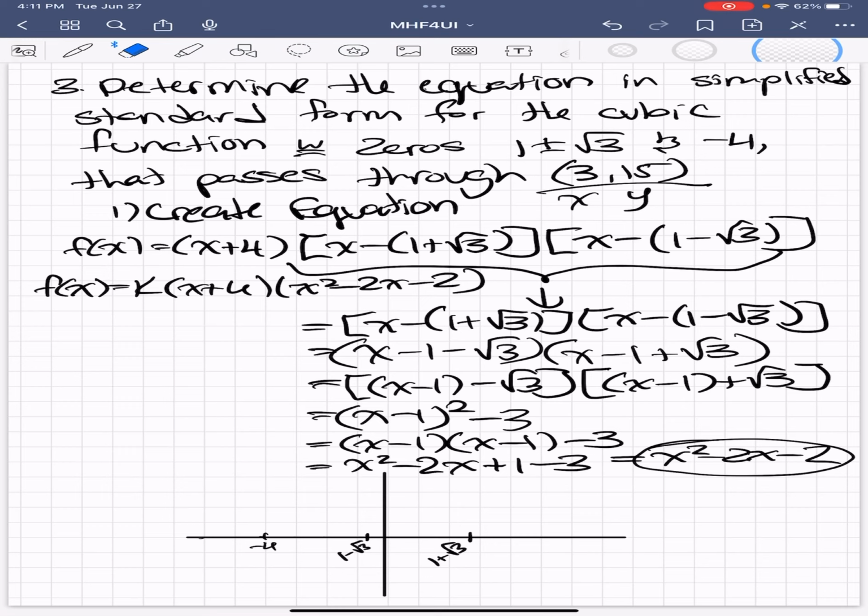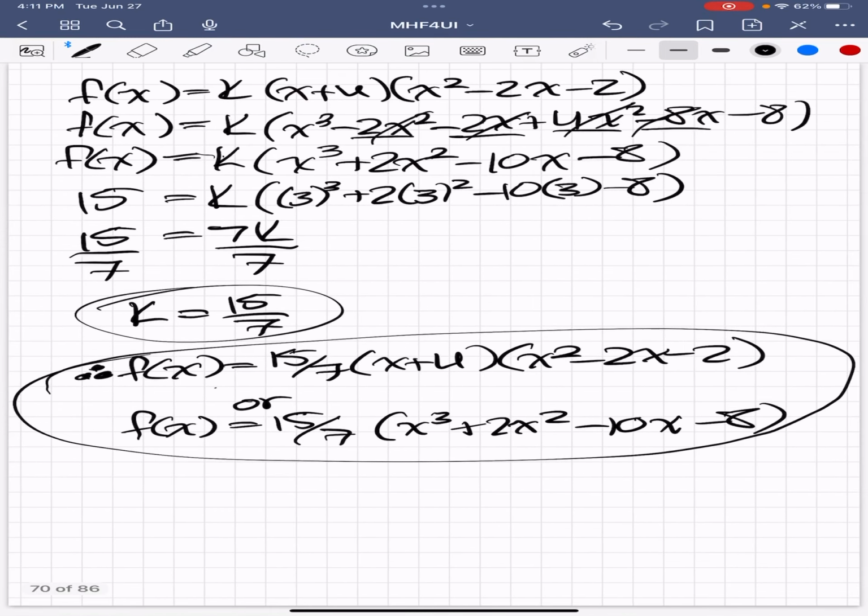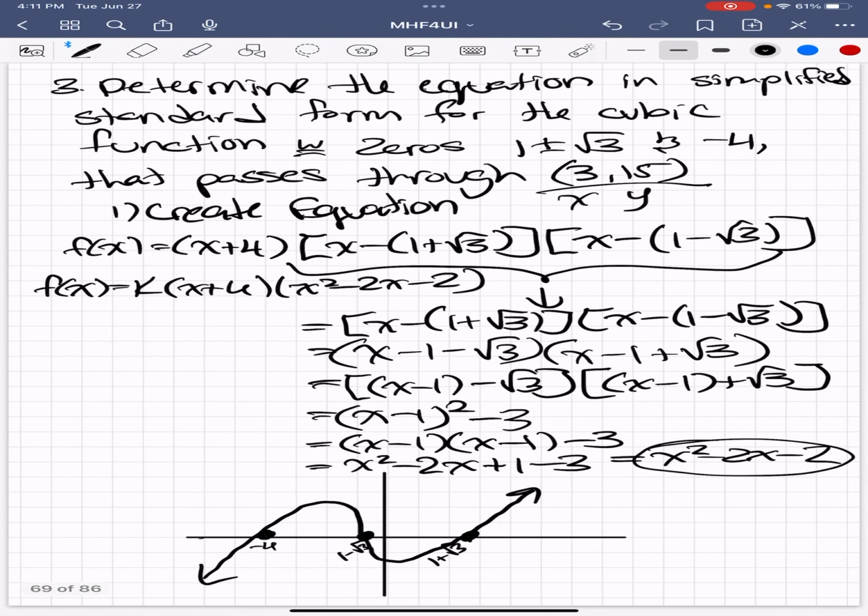So I have them already labeled here. They are x-intercepts. It's a positive cubic function, and it will look like this.